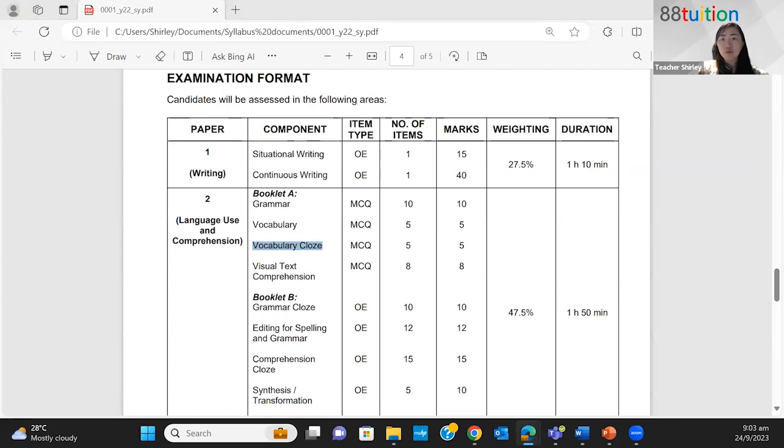Okay, so maybe I'll show you a PSLE English paper. Just show you a sample, yeah.